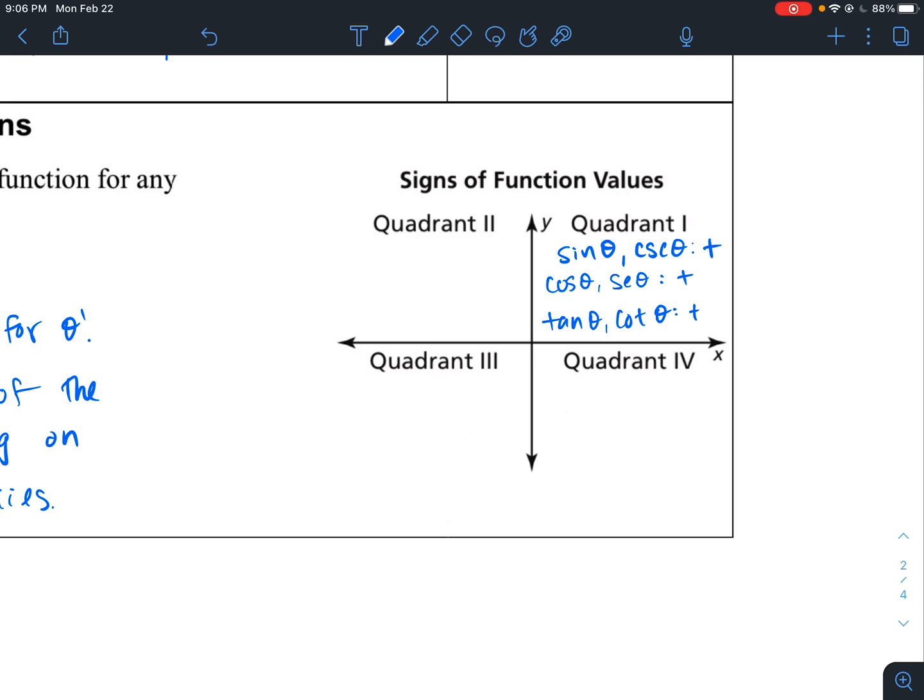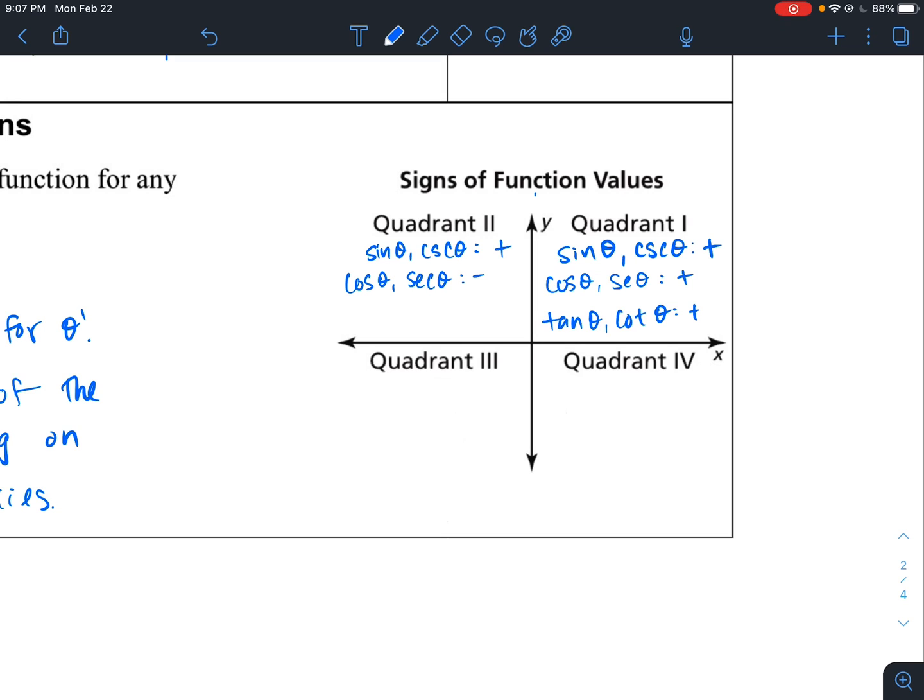On the left side, sine of theta and cosecant of theta will be positive, because again, y is still positive, and these are y over r. Cosine of theta and secant of theta will be negative, because our x is negative in this quadrant.